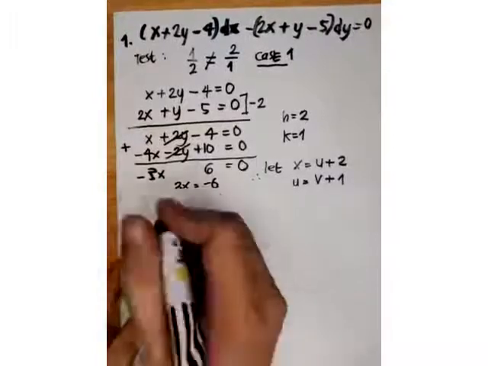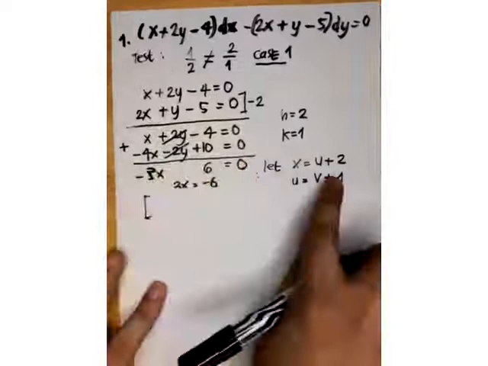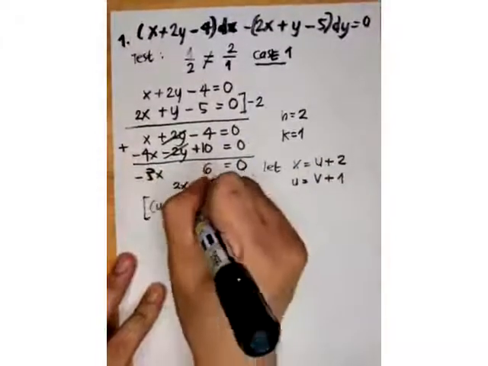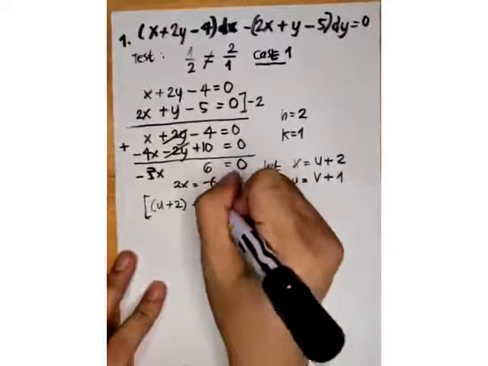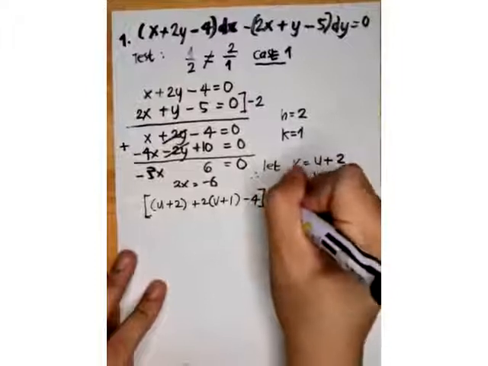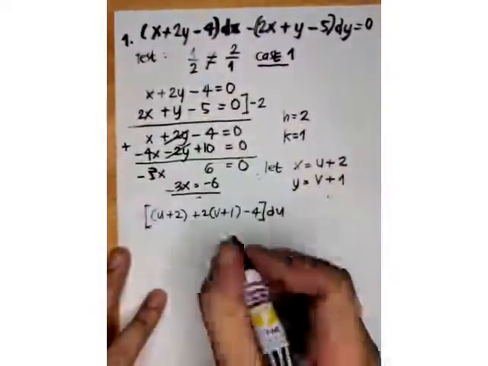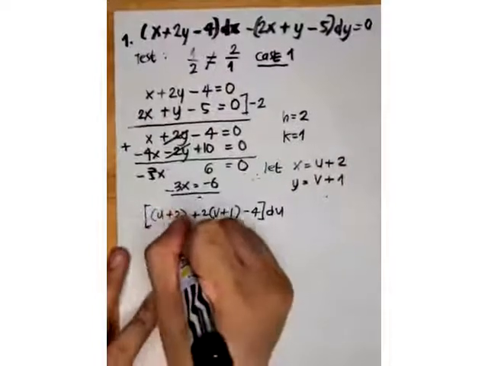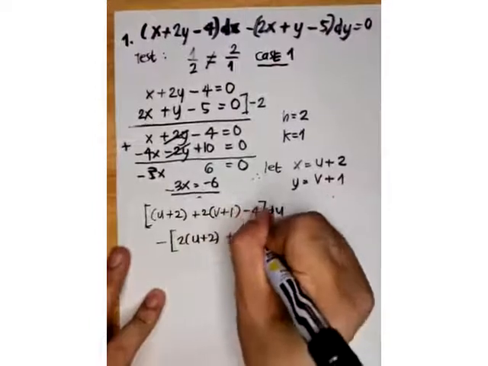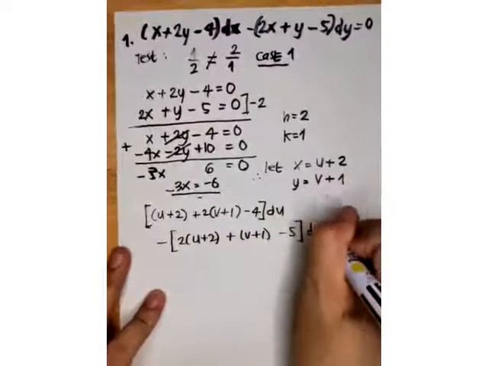Okay? So therefore, we'll have quantity, yung x is u plus 2. So u plus 2 plus 2 times v plus 1 minus 4 du. Ayan. Okay, substitute natin lahat ito. So minus quantity 2 times u plus 2 plus v plus 1 minus 5 dv is equal to 0.